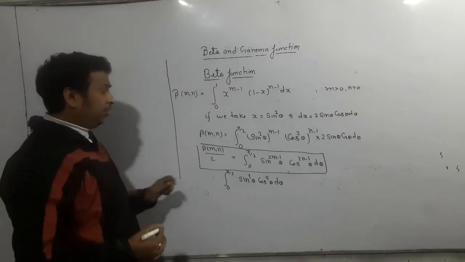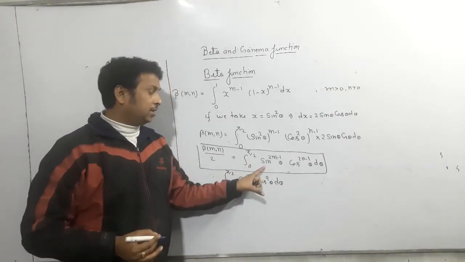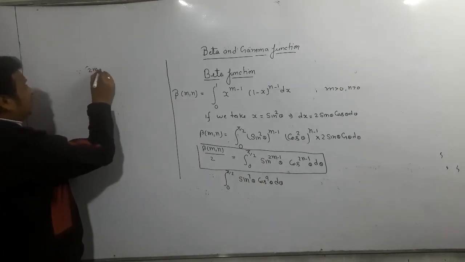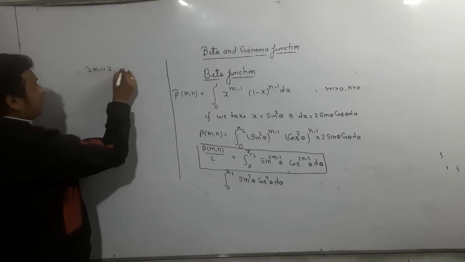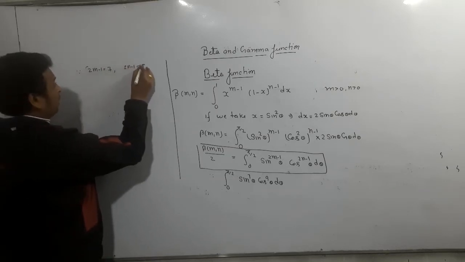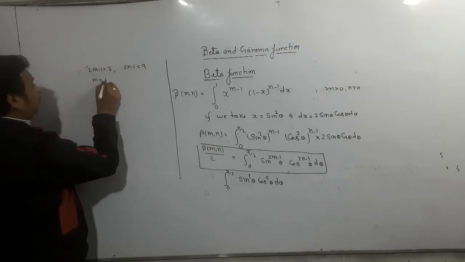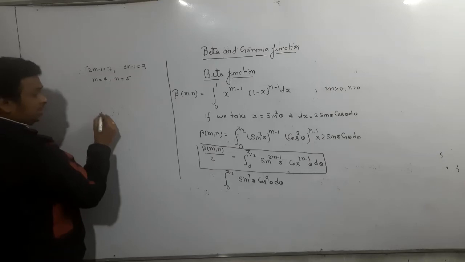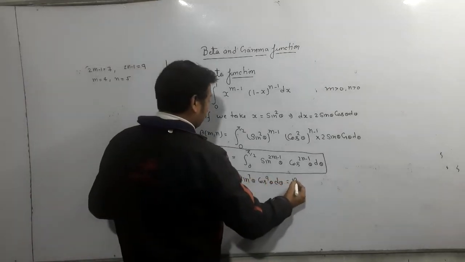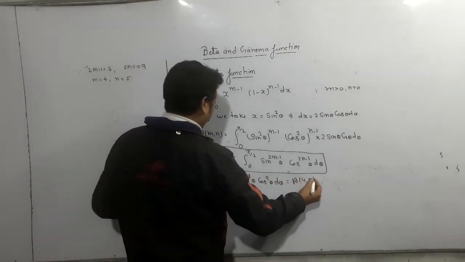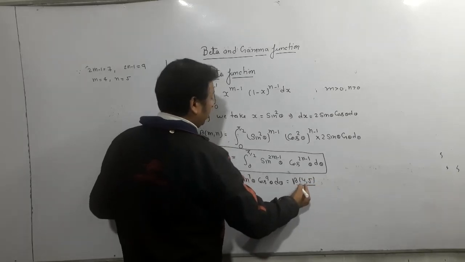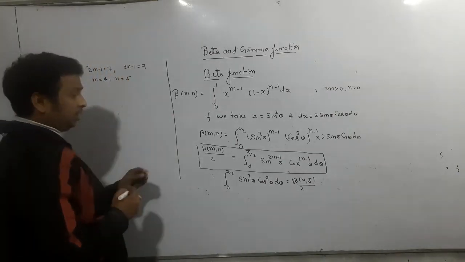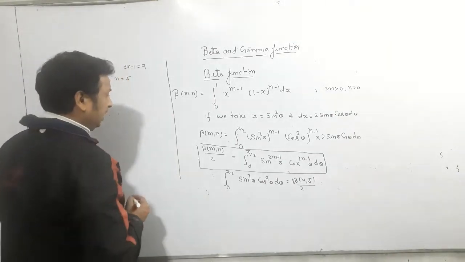But when we compare with this integral, 2m minus 1 is equal to 7 and 2n minus 1 is equal to 9. So what is m value? 4. What is n value? 5. So this integral value is equal to beta 4 comma 5 by 2. How we calculate beta 4 comma 5, I will explain later. So easily we can calculate within a minute.